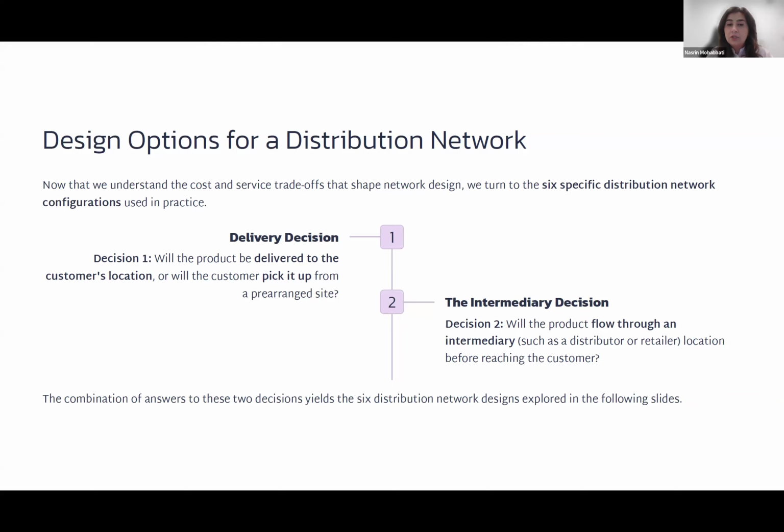And then the second question is, will the product flow through an intermediate location, maybe a distribution center or a retail store, before reaching the customer? Basically the answers to each of these questions will affect the design that we select for the business. So let's take a look at each of these design options.